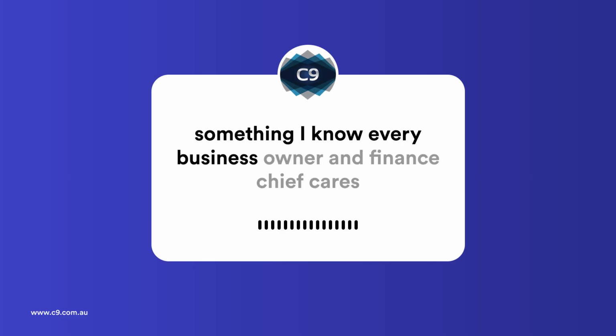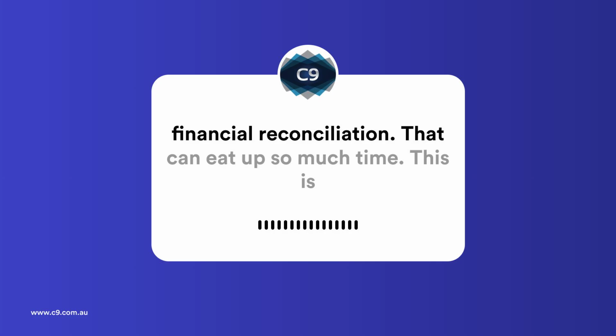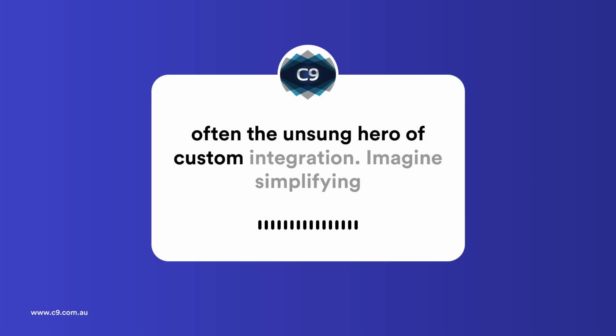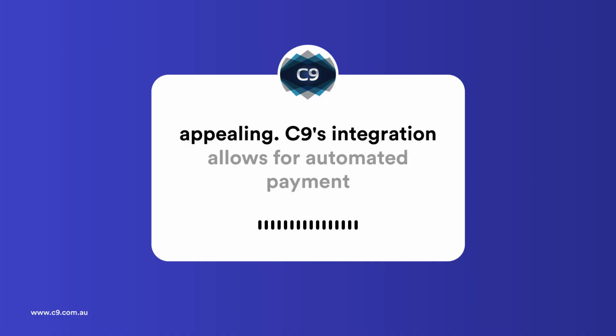Okay, and finally, something I know every business owner and finance chief cares deeply about. Simplifying the back-end stuff, especially financial reconciliation. That can eat up so much time. This is often the unsung hero of custom integration. Imagine simplifying your whole accounting and financial reporting. That sounds appealing.